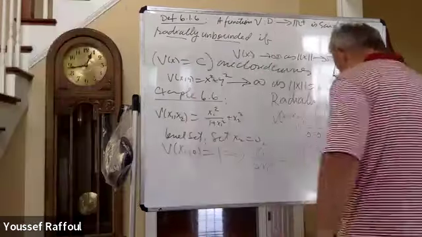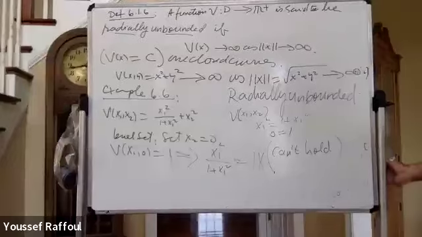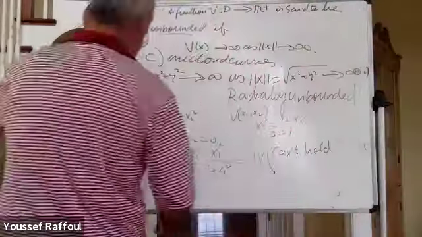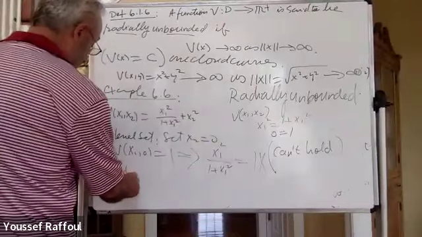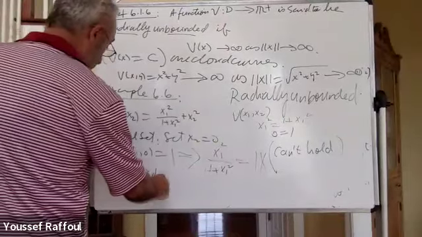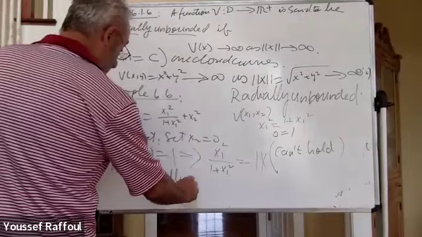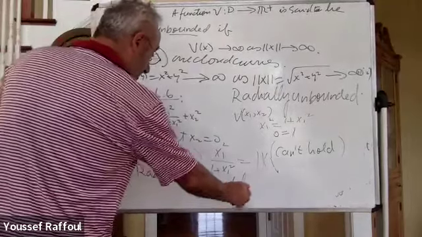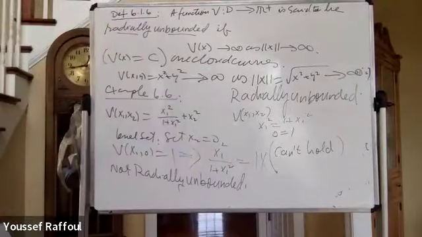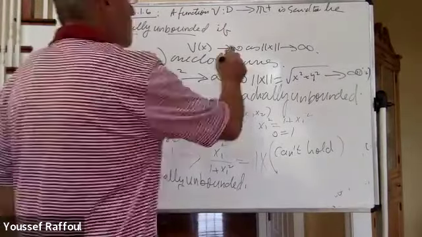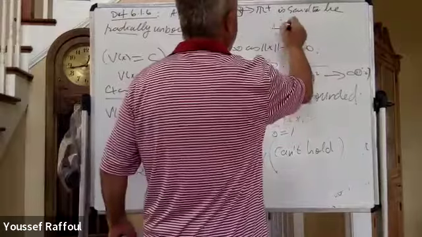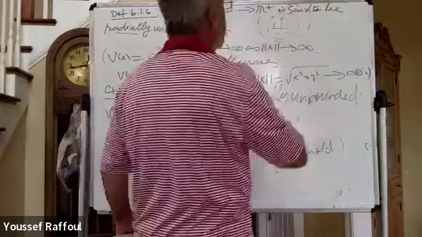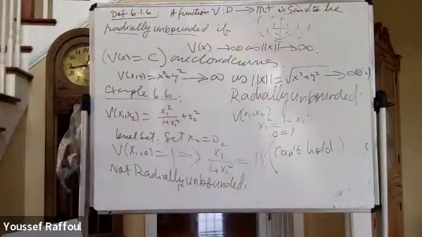So this is not radially unbounded. It has to be on a level curve. So the function v has to be a closed curve.